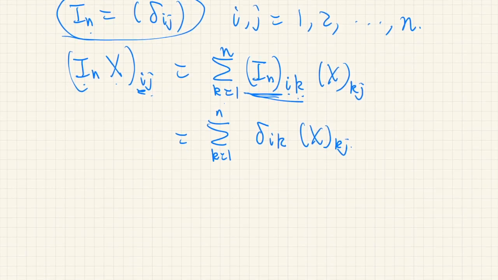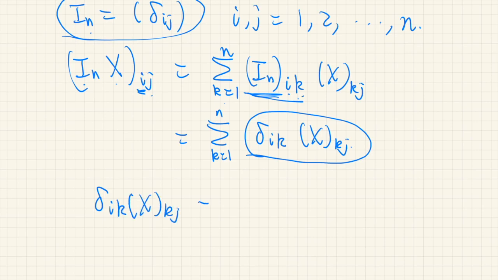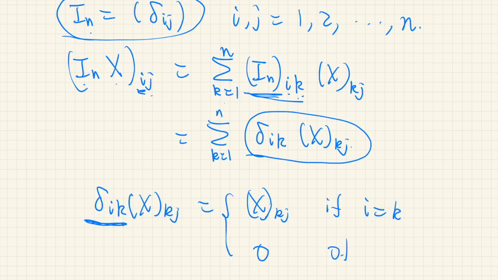Now delta ik times x_kj is equal to x_kj if delta ik is 1, so in that case i is equal to k, or equal to 0 otherwise, that is, if i is not equal to k.